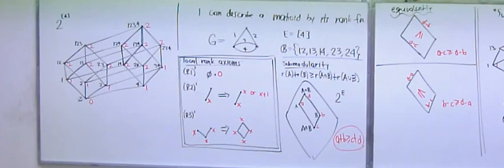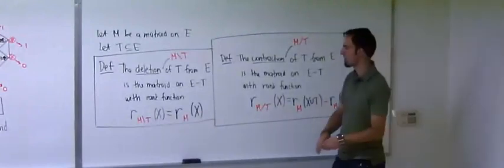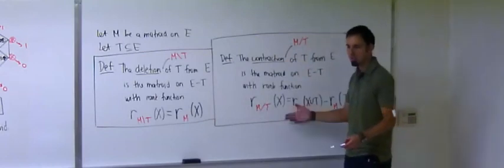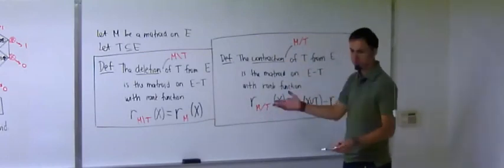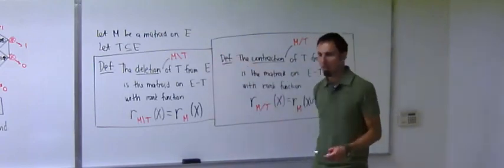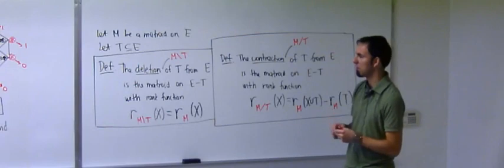Now, the way you're normally going to see this in a book, they might tell you the deletion is this, the contraction is this, and then give you some proof for why these are rank functions. Really the proof is kind of what we're doing, but I think it's more helpful to see it this way.